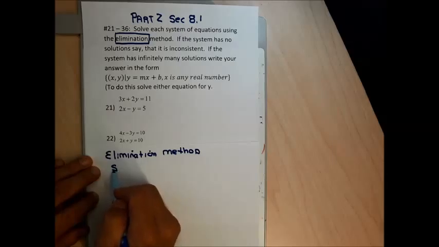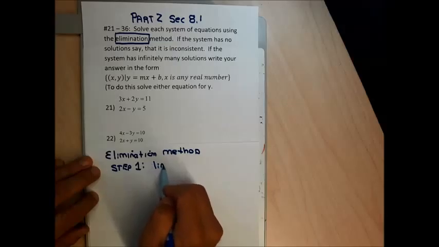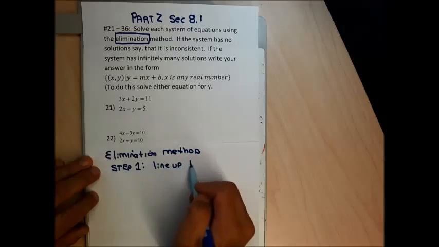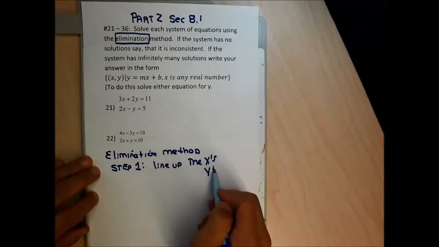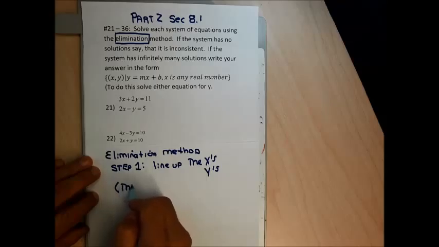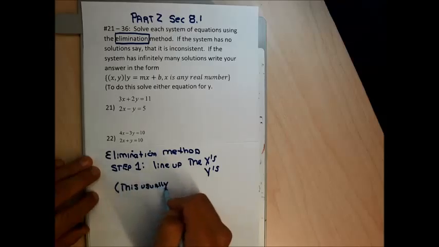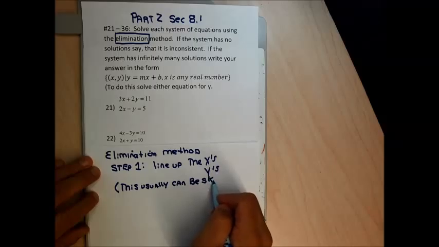The first step in the elimination method is to line up the x's and line up the y's. And this is usually done already. This usually can be skipped. In fact, if it can't be skipped, I usually don't use the elimination method and I'll use the substitution method.